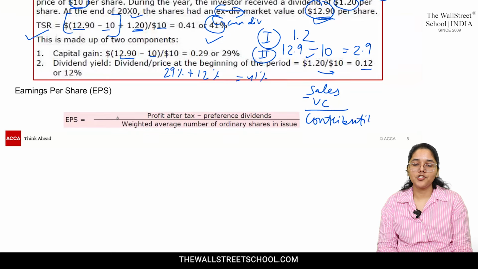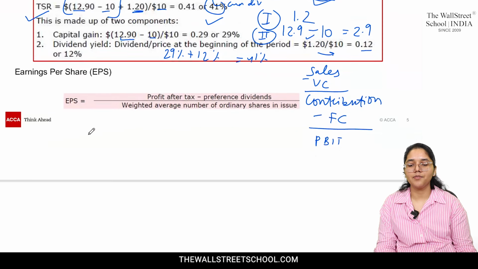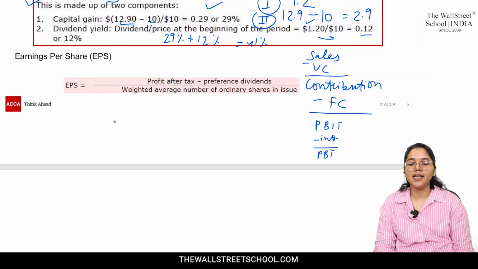Now, once you have achieved your contribution, you next subtract your fixed cost, which leaves you with PBIT, which is profit before interest and tax. Next, the business subtracts the interest payment that they are supposed to make, and then they are left with PBT, profit before tax. Then the business subtracts their tax payment, and ultimately what is left is PAT.